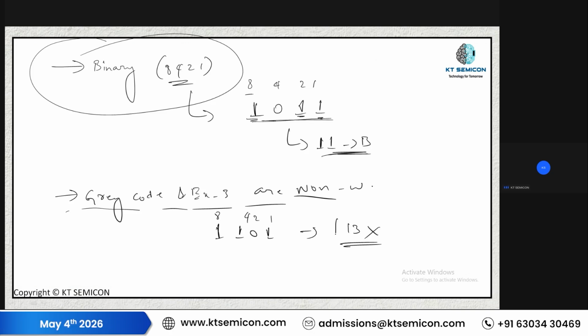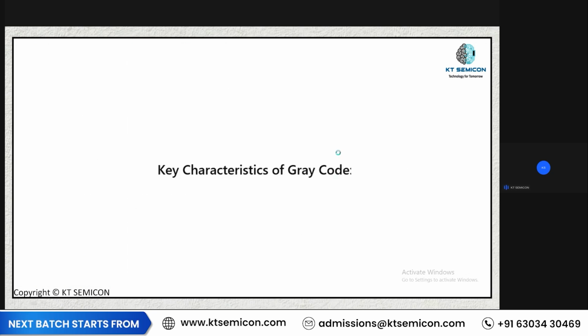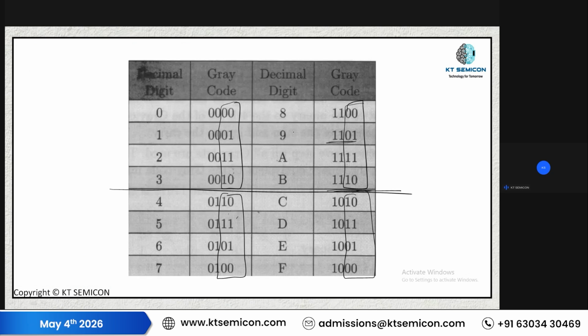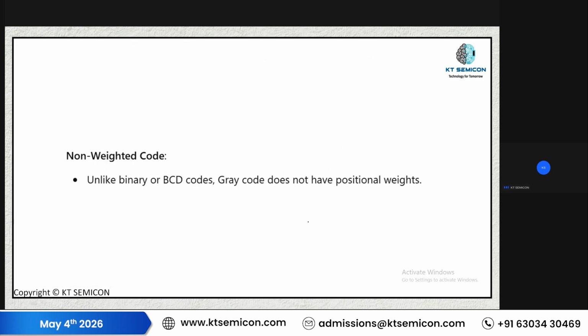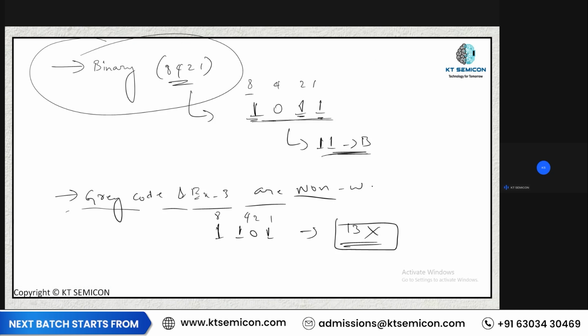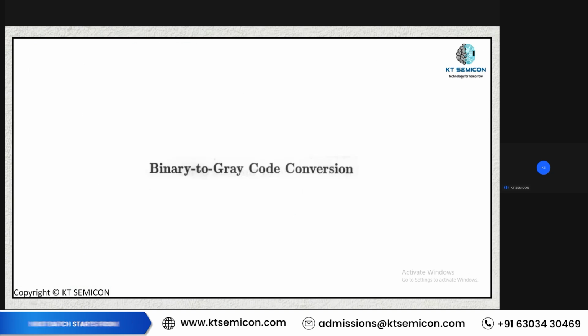No, you are not going to follow that for finding the value, because 1101 here is not 13, it's 9 in decimal format. So gray code is a non-weighted code. Your digits are not going to have any weight. Unlike binary or BCD codes, gray codes do not have any positional weights.